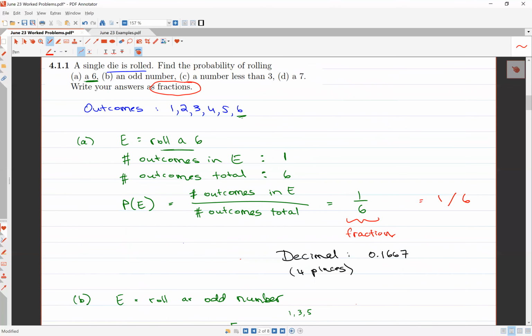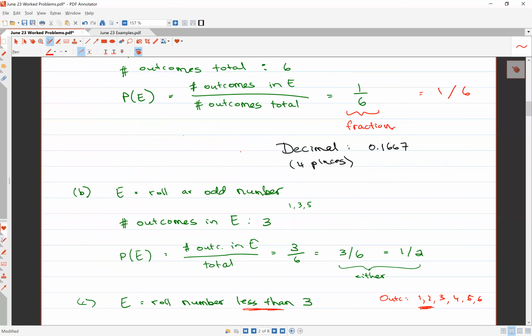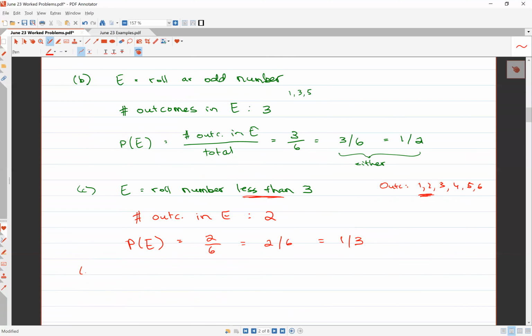And our last one here, find the probability of rolling a 7. So our event now is rolling a 7. Well, how many of the outcomes actually correspond to rolling a 7? The outcomes are 1 through 6.